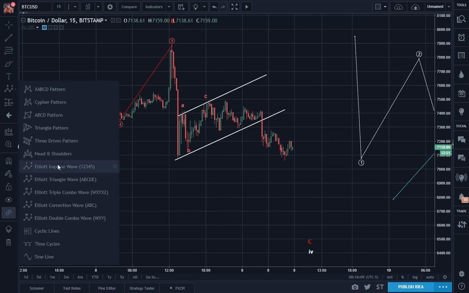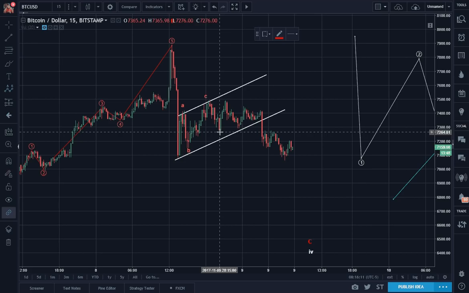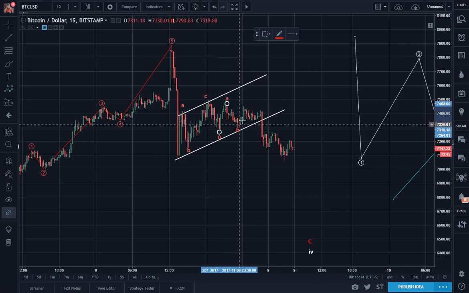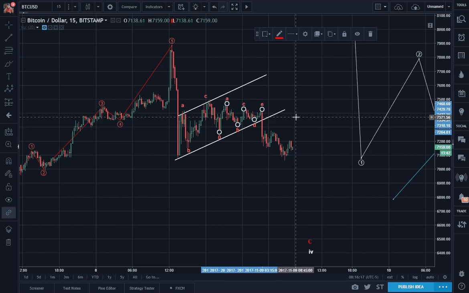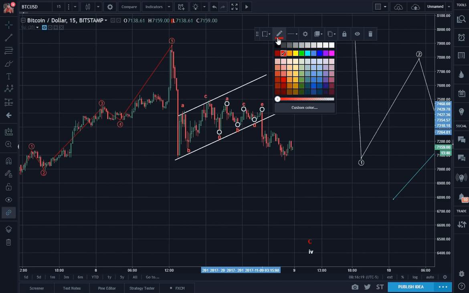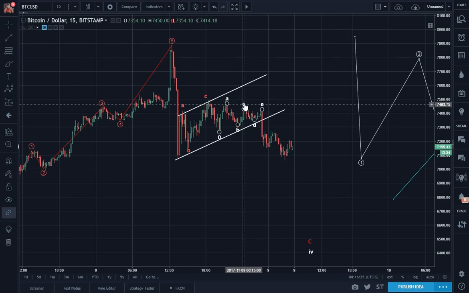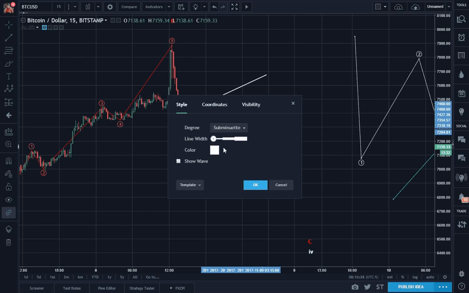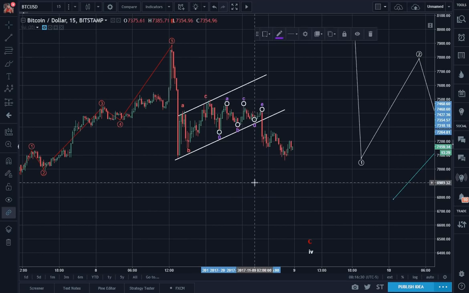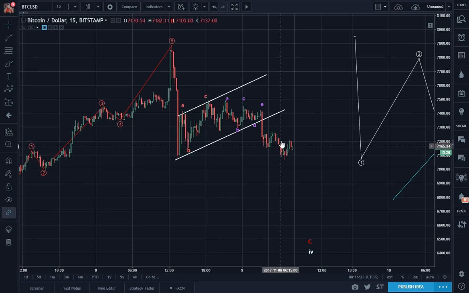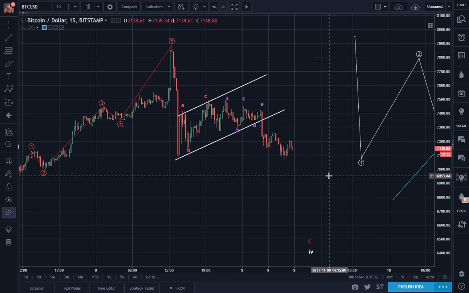If that's 1, I think I see A, B, C, D, E. Voila. Beautiful. Nice. Vintage. Classical triangle. So, this is 1, A, B, C, D, E, 2. Then we are on 3, most likely.